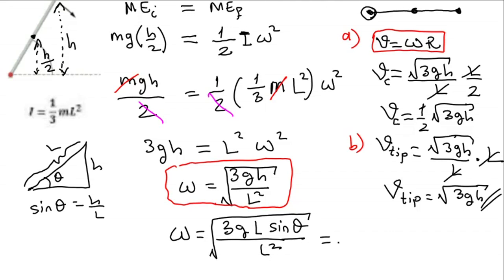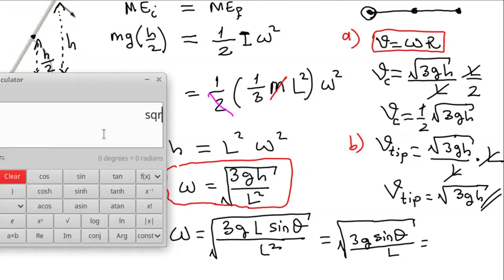That means square root of 3 times g times sine theta over length L. Square root of 3 times 9.8 times sine of 30.